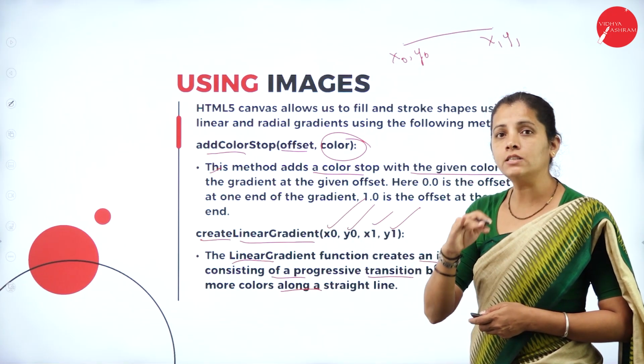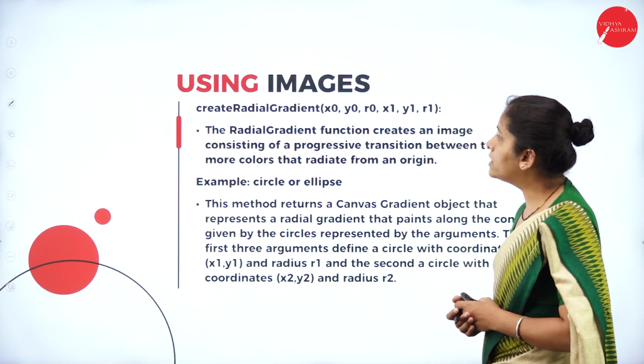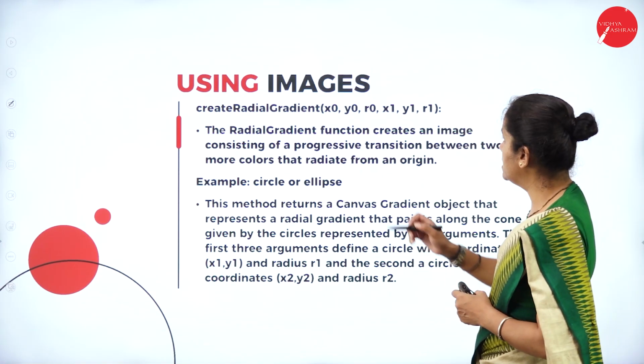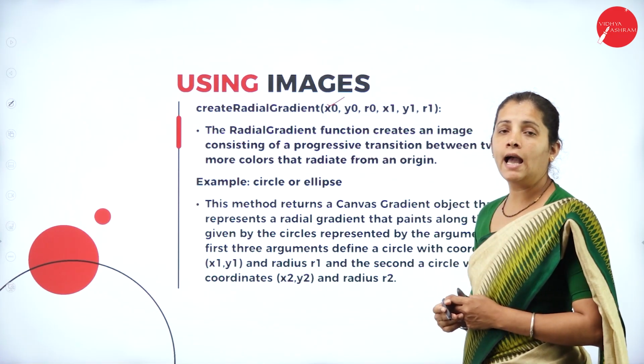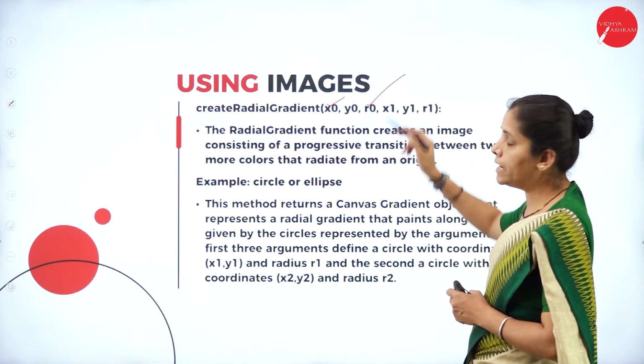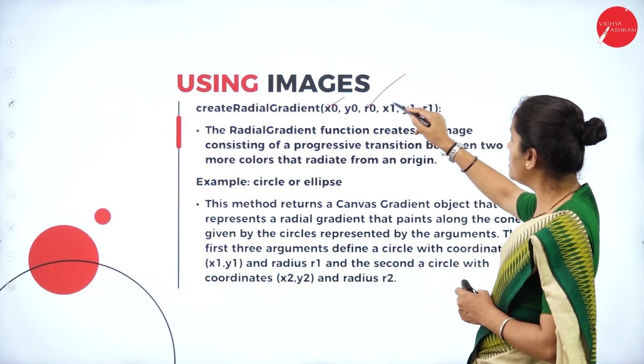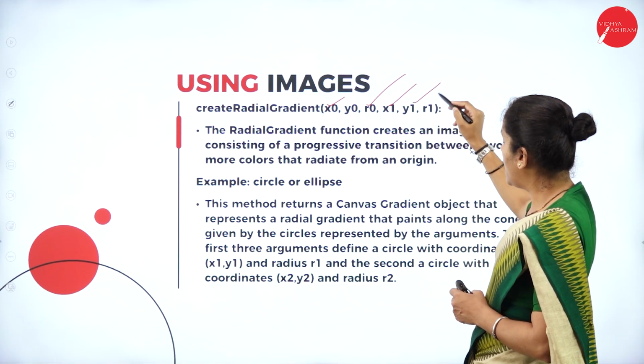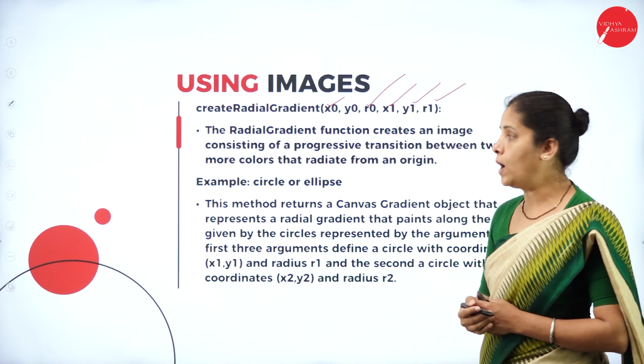Linear in the sense of a straight line. Then what about radial gradient? See here, I have x0, y0, and radius 0, and x1, y1, and radius 1.